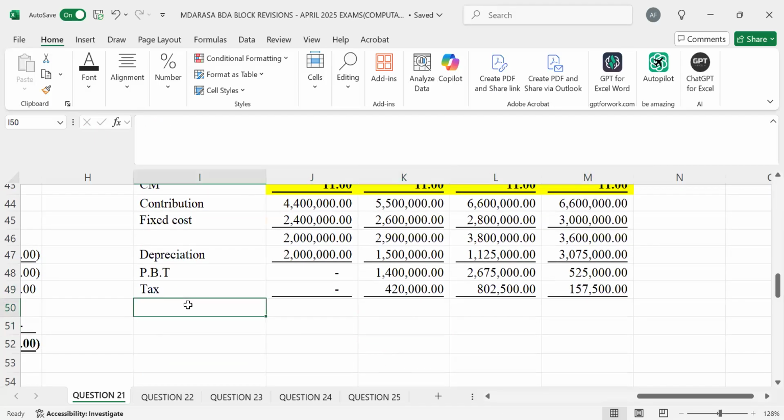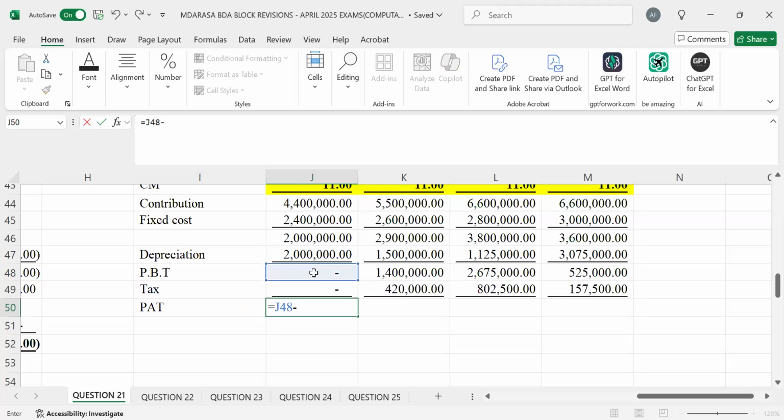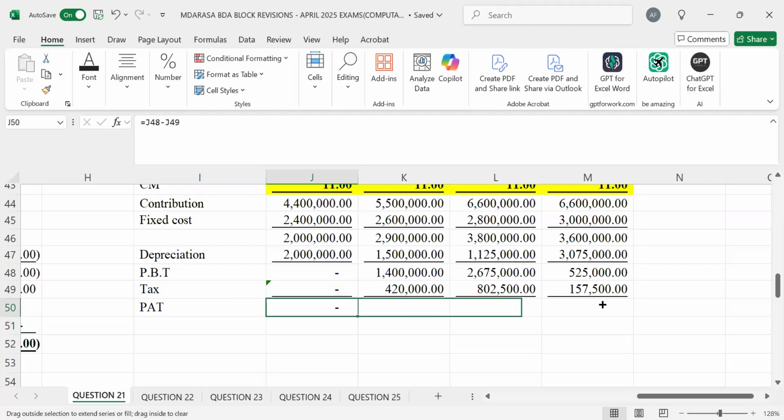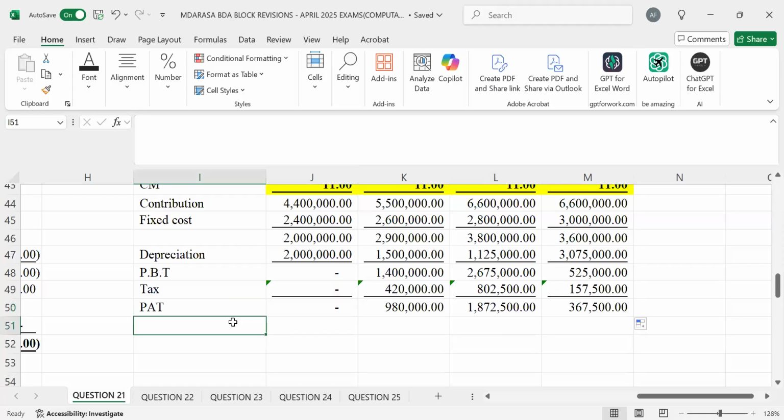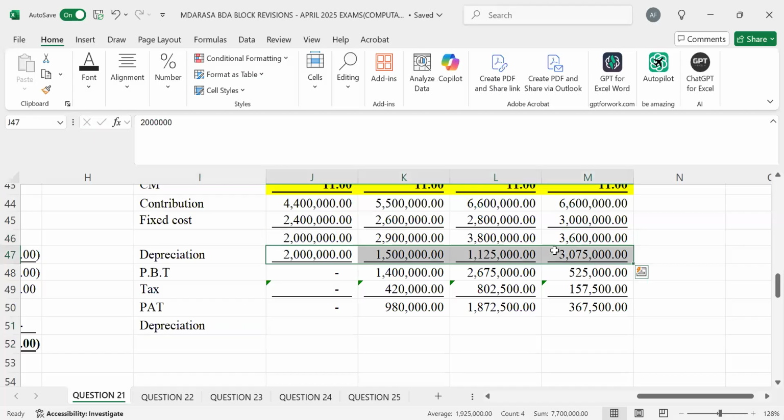So that our PAT, this is always a very long route. You come and consider your profit before tax minus tax component. Then you come and add the aspect of depreciation, where depreciation in this case, remember the tax component again will affect us in a way.